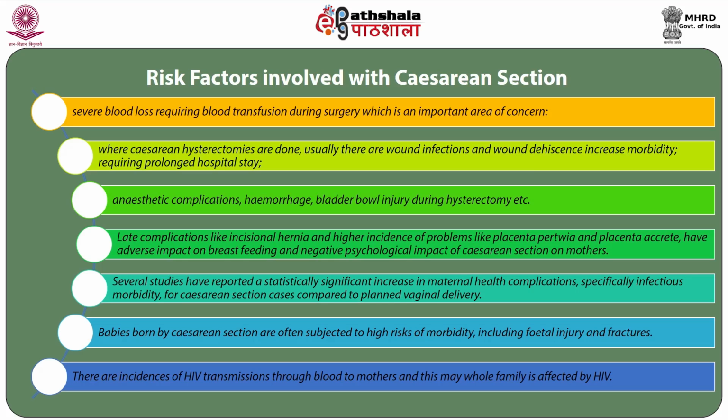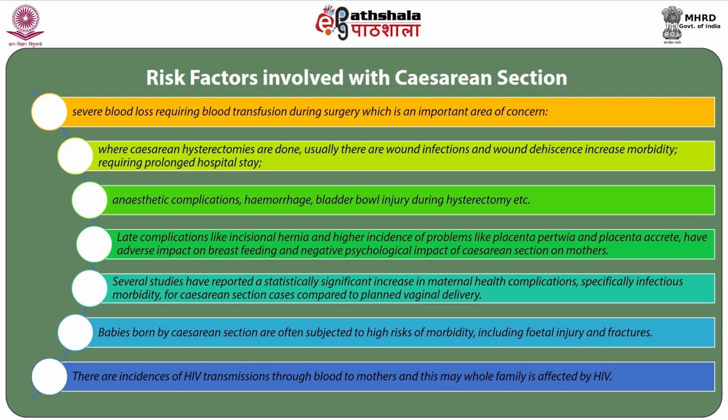Late complications like incisional hernia and a higher incidence of problems like placenta previa and placenta accreta have adverse impacts on breastfeeding, and there are negative psychological impacts of Caesarean section on mothers.